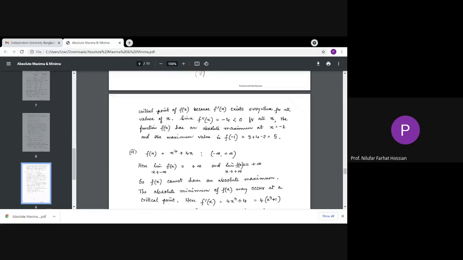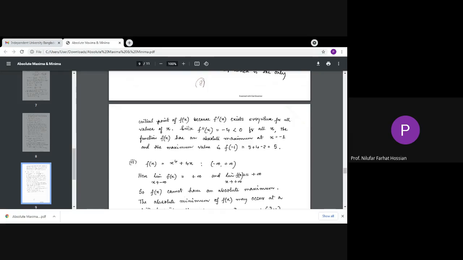That means the corresponding point should be a relative maximum, and there is no other critical point, so this maximum will actually be the absolute maximum of f(x), because f prime x exists everywhere for all values of x. Since f double prime x is less than 0, it is a negative number, the corresponding point should be a maximum. For all x, the function f(x) has an absolute maximum.